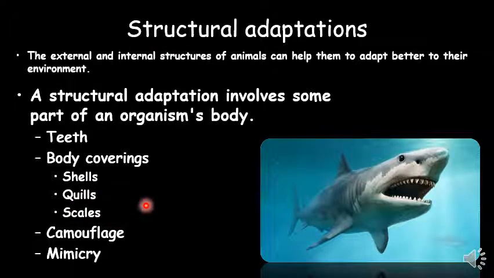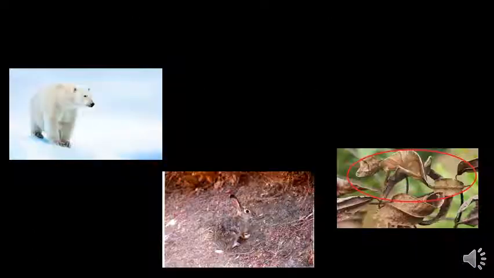And this structural adaptation also has two other types. Many animals show a process known as crypsis, which in simple terms we can say is camouflage. And also many animals imitate another animal to avoid predation. Let's see one by one what is camouflage and what is mimicry, so that you will understand in detail.